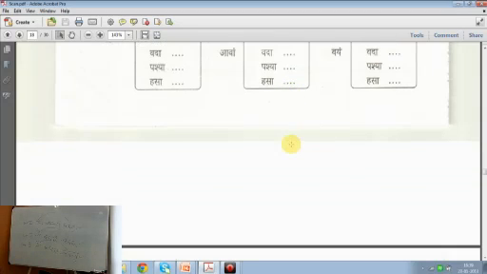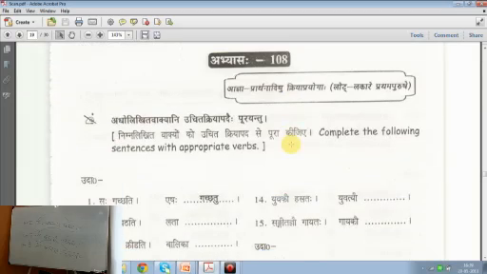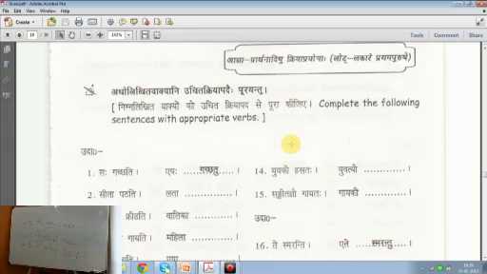And in this page 203, exercise number 108, Agna Prarthanadishu Kriya Prayogaha Lot Lakare Prathama Purushe. Having introduced you to all three persons in the previous page, we are now concentrating only on the third person. As I told you, third person is of utmost importance because it occurs more in Sanskrit.